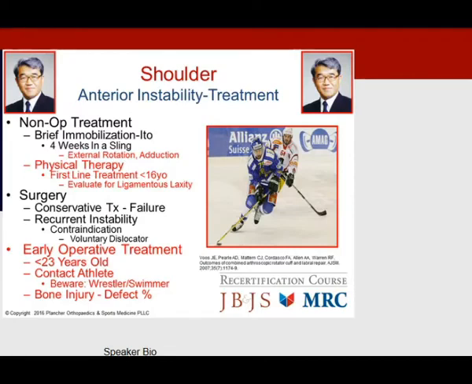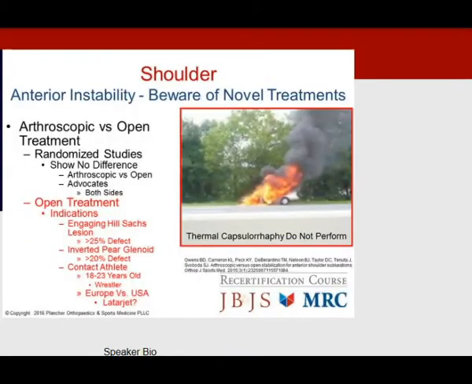Please assess the bony injury and defects so one doesn't have problems. One can consider, as we're changing now in 2016, an open Bankart soft tissue procedure rather than arthroscopic because of higher recurrence rates in some studies in contact athletes.